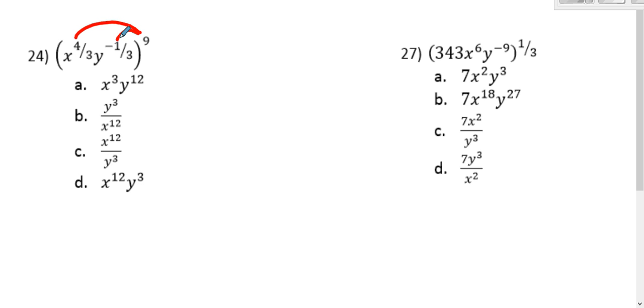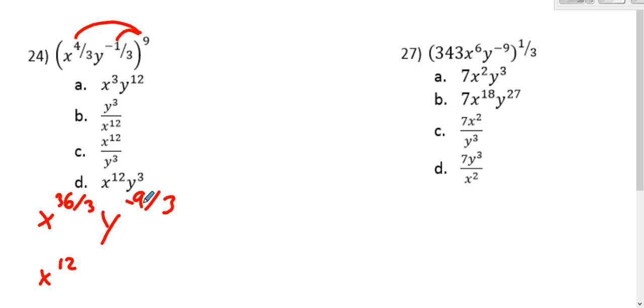Distribute your exponents again. So you multiply the 4 times 9. 4 times 9 is 36 over 3. And then y to the -1 times 9 is -9 over 3. 36 divided by 3 is 12, so that's x to the 12th.